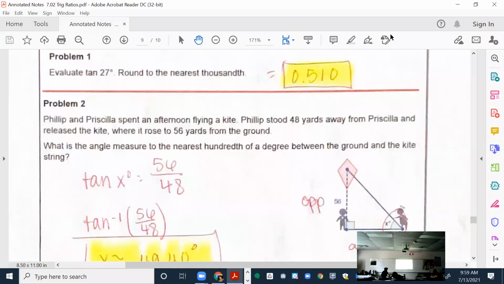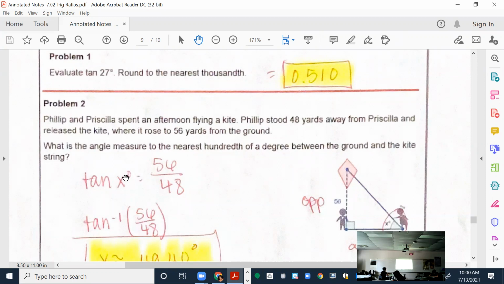Calculator is in degrees. Problem 2. So real world situation, you should have noticed that it's asking you for the angle measure to solve for x degrees down here. It gives you the opposite and the adjacent side, which means you're using tangent.